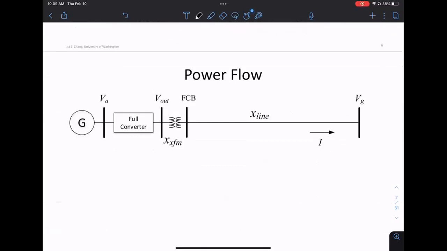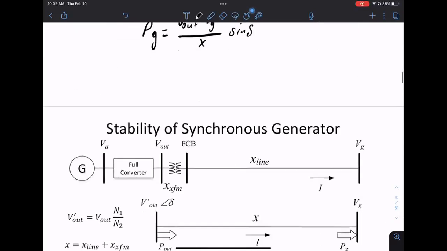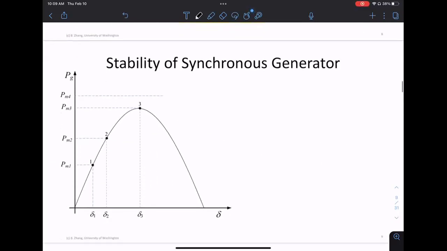Again, if you look at power flow, as you remember the calculation we did from before, we have the power you send to the grid, V X sine delta. This is the amount of power you're sending to the grid. And then we have a system maximum, right? So we have a maximum in the system.